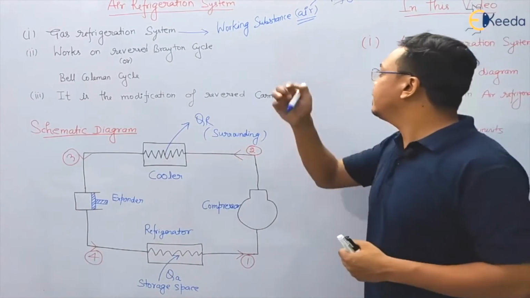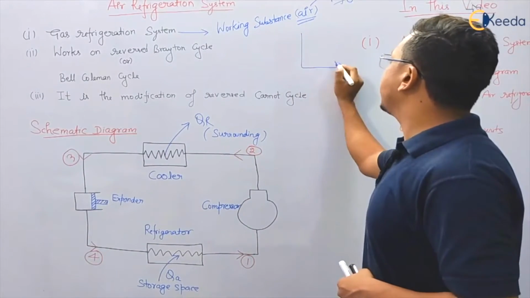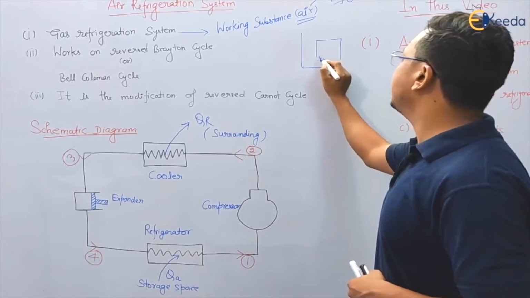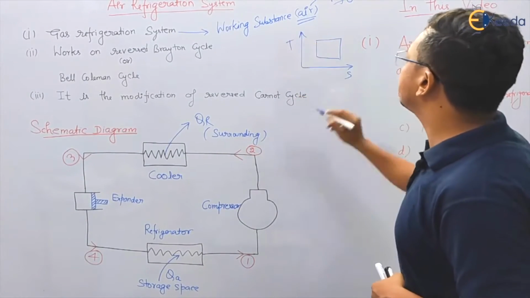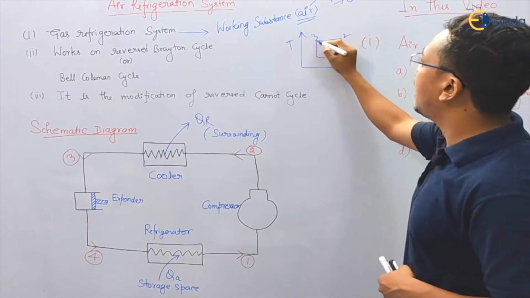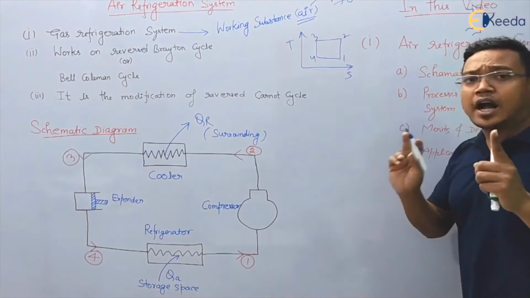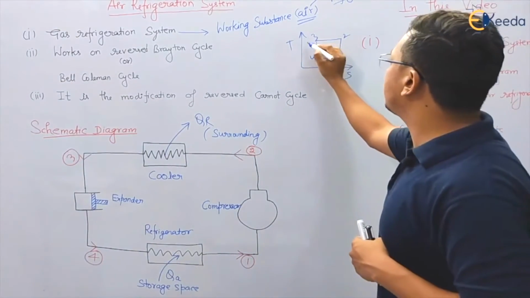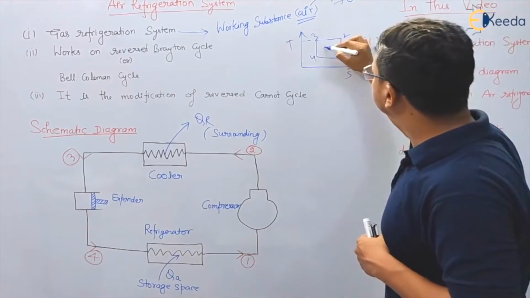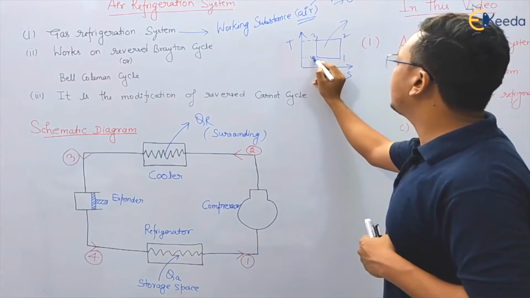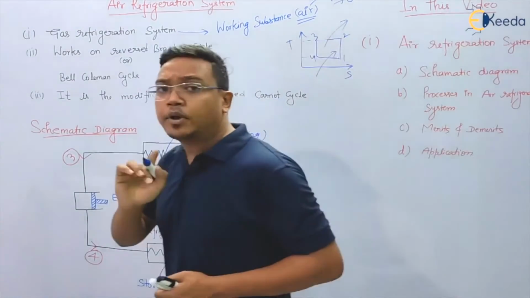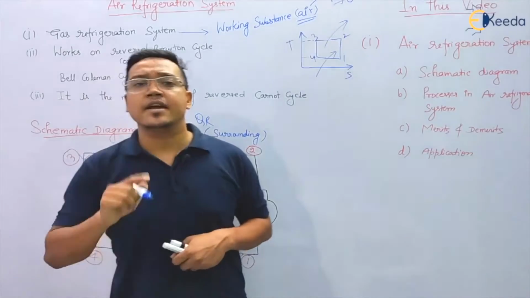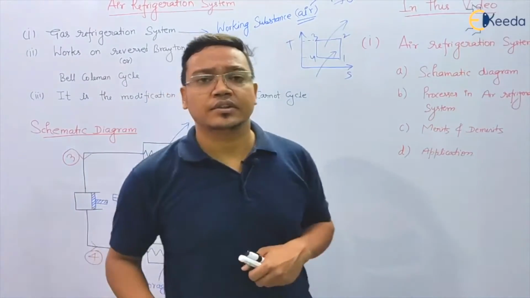The thing is that in the Carnot cycle, this is entropy, this is temperature. This was the Carnot cycle. In this Carnot cycle, you see here, at constant temperature heat transfer is not possible, because if heat transfer takes place, temperature will change.